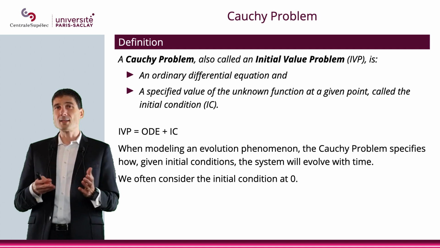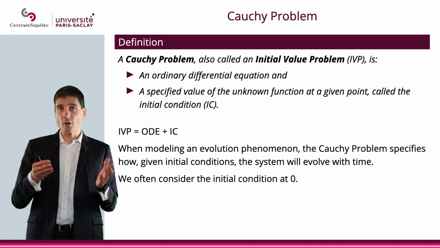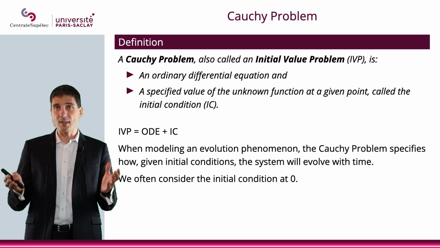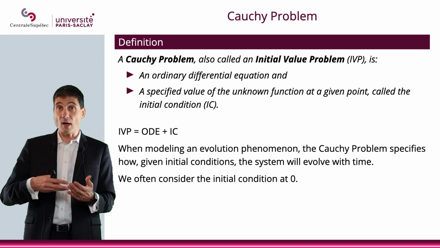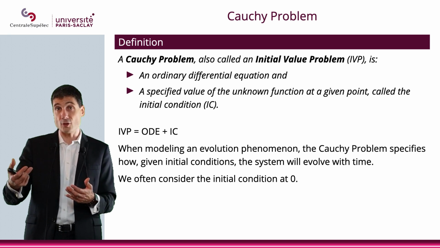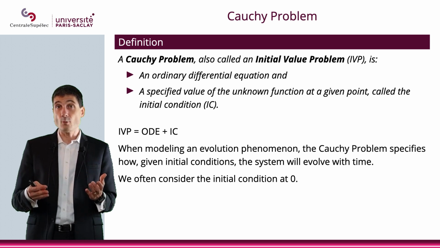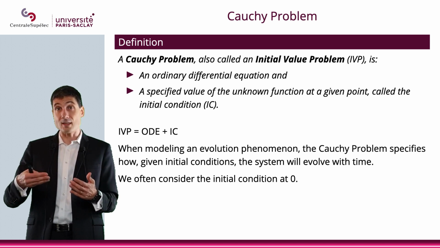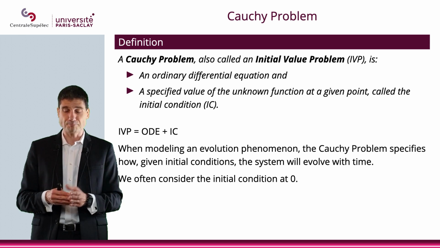And you can see why this is interesting in terms of modeling. If you think about it, the initial condition will describe the system at a given time, and the ordinary differential equation will describe how it evolves over time based on some kind of a model. So an IVP will describe the state of a system at a given time in the future. That is why it is interesting.